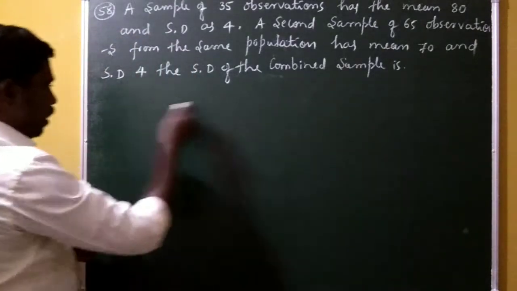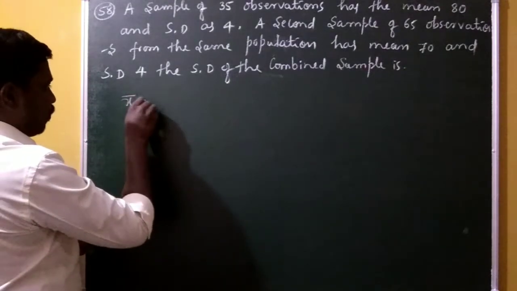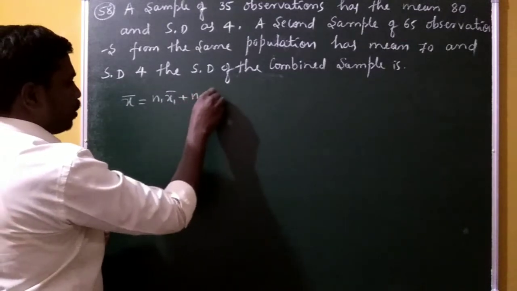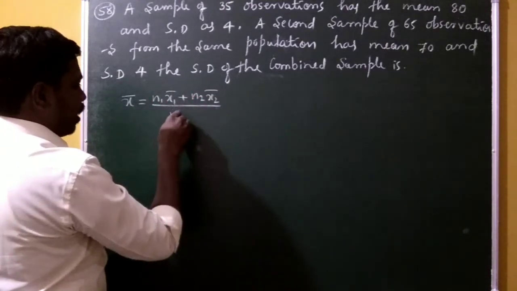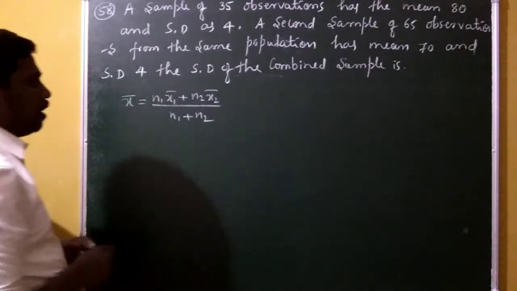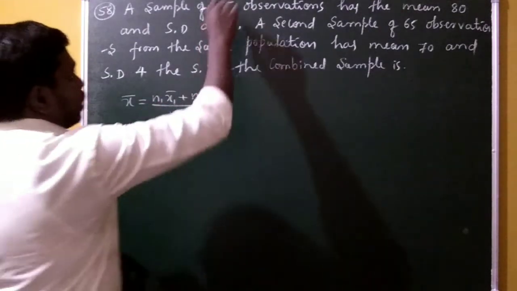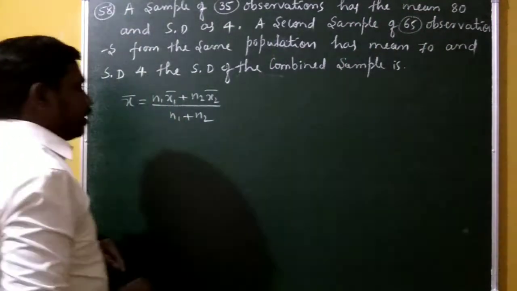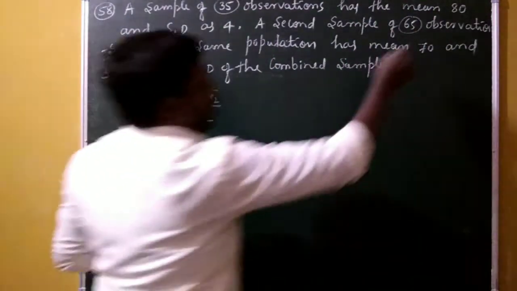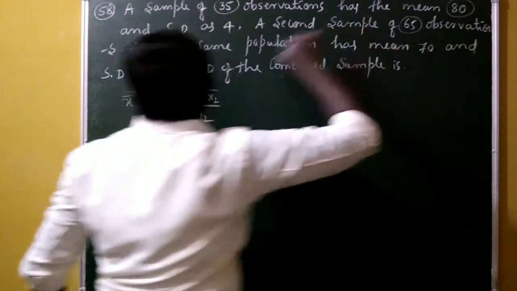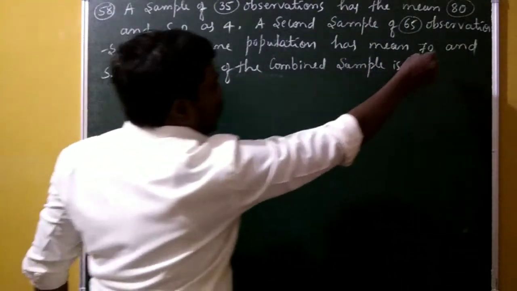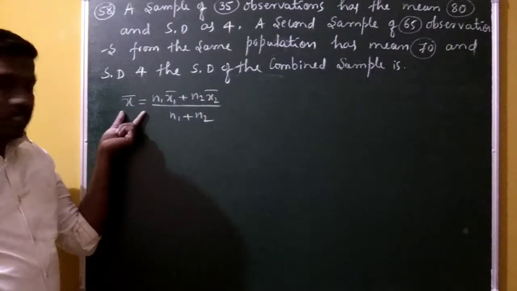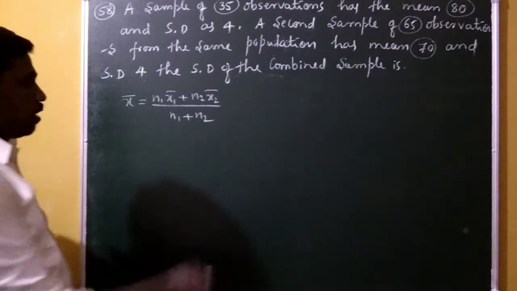First of all, the combined mean is n1 x1 bar plus n2 x2 bar divided by n1 plus n2. Here n1 is 35 and n2 is 65, x1 bar is 80 and x2 bar is 70.